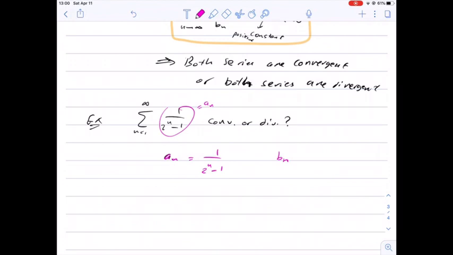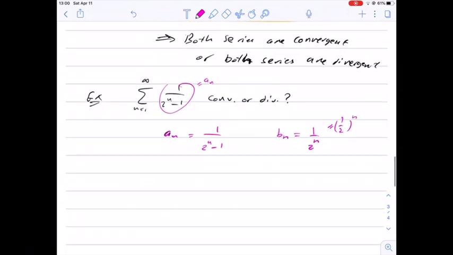As you can see, the minus 1 is the only thing preventing the series from being geometric. So we can define b sub n to be 1 over 2 to the n. This is geometric because this can be written as 1/2 raised to power n, and that's convergent.